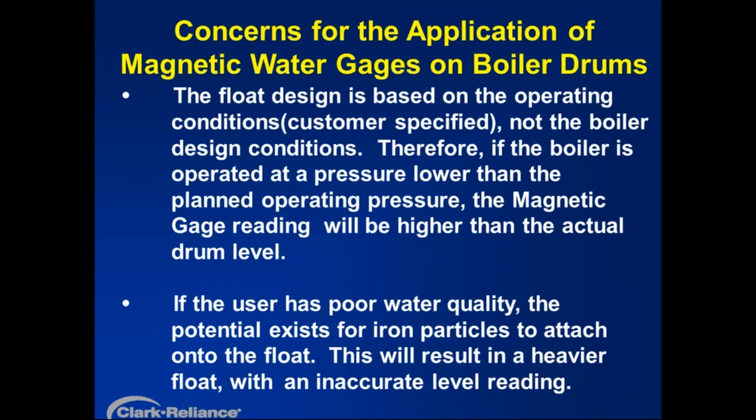So if you're a code committee looking at these type devices, if you limit the pressure to 900 PSI, what you're left with is industrial and power boilers that are generally going to run at 75 to 80% of their design pressure and run steady, and the risk for these big process pressure swings is almost eliminated, and the risk for false indication is greatly reduced. So that's the reasoning behind the 900 pound limit.